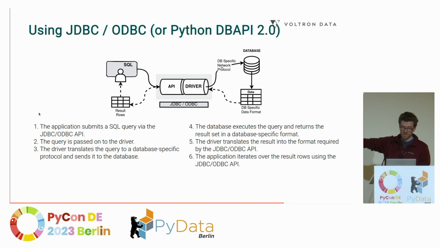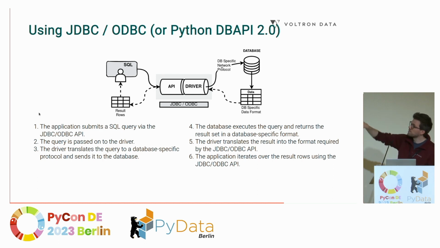But essentially, these are generic interfaces. As a user, you can use those generic interfaces. Then you have some driver that translates your query to something database specific, gets the data out of the database, and then returns those data to the user.